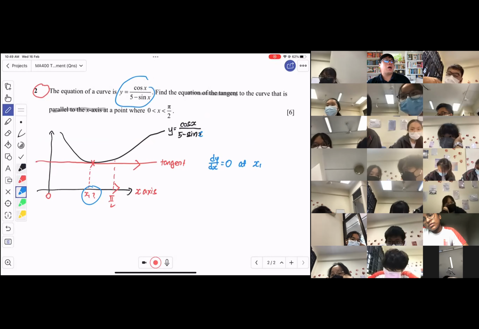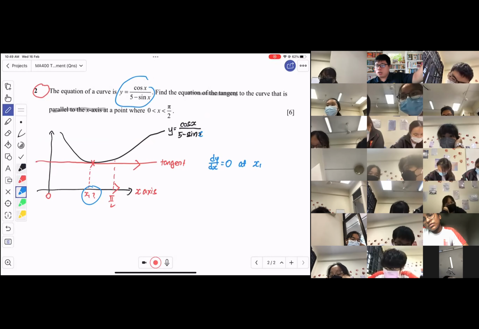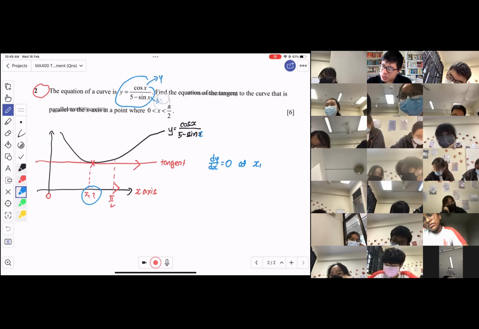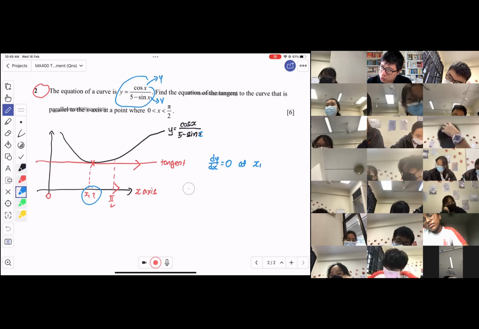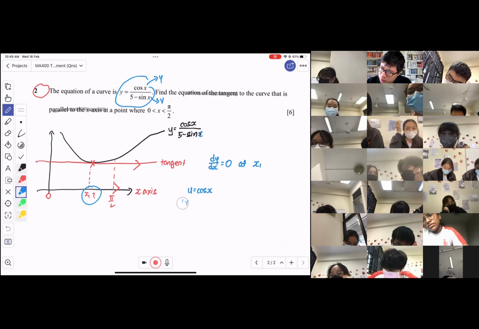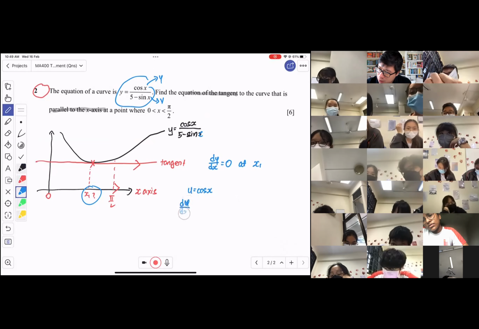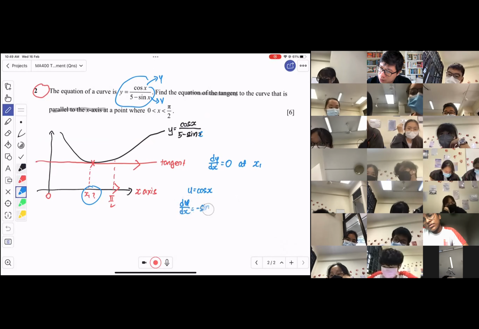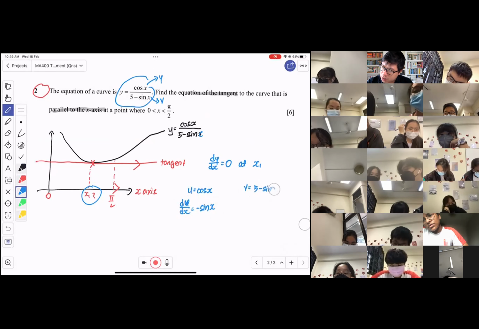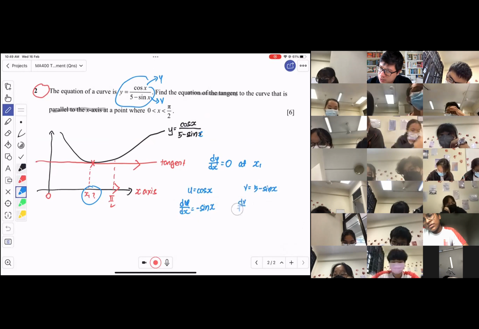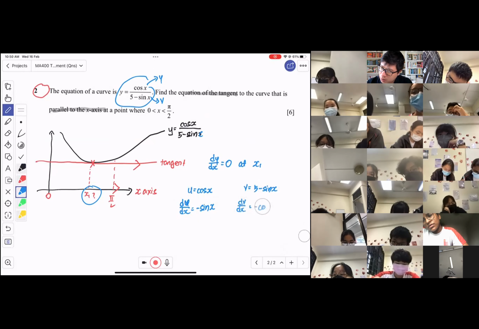So I differentiate. Okay, you call this u, you call this v. So your u is equal to cos x, du/dx is negative sine x. v is 5 minus sine x, dv/dx is negative cosine x.